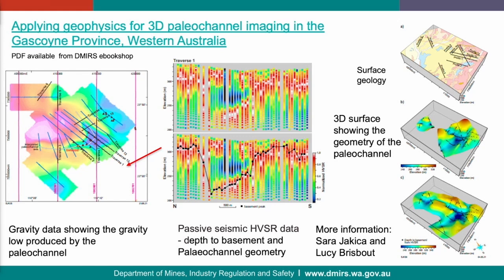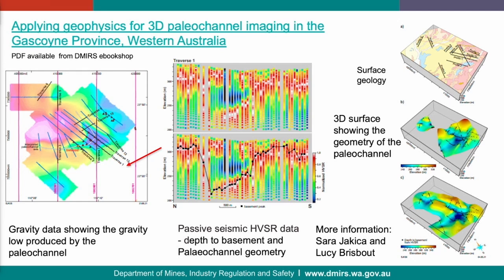Another example here is from my colleagues, Lucy, who just talked before me, and Sarah Jakica. They used passive seismic to map a paleochannel. This particular example was the subject of one of our webinars and was very well attended. Sarah explained how they processed this data, and they did a very good job mapping this paleochannel at the Yanjipan, Gascoyne Province, where they used passive seismic with drill hole data and gravity to create this 3D model of the paleochannel.